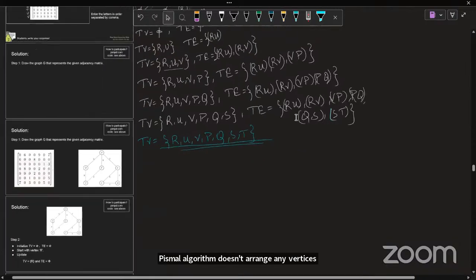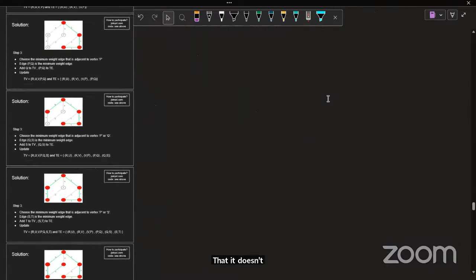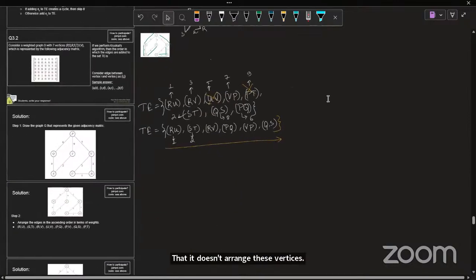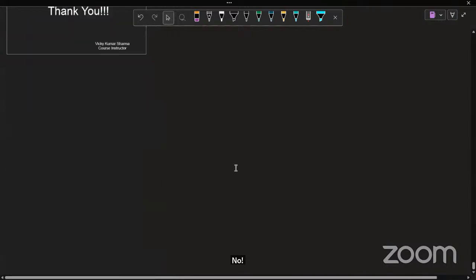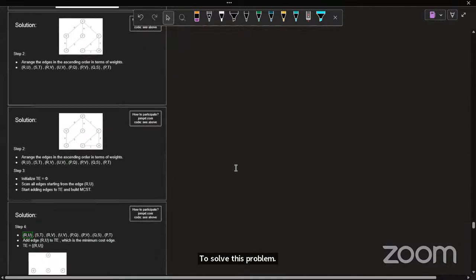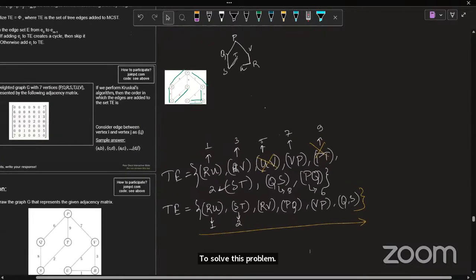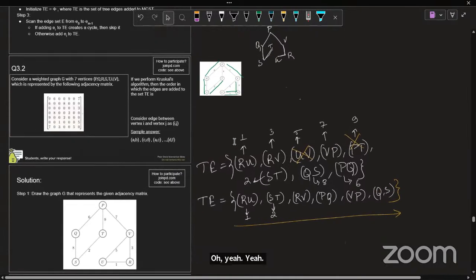That is the difference you have to know to solve this problem. Mostly they'll mention which algorithm to use, but you have to remember the difference between these two algorithms. So that's all. Those were the two questions from last time.